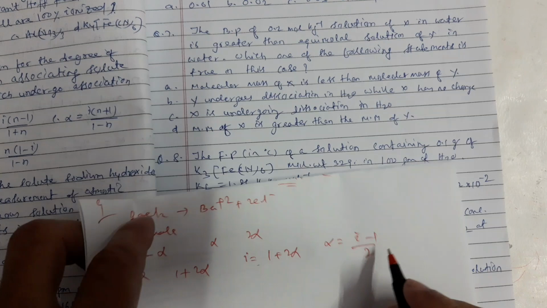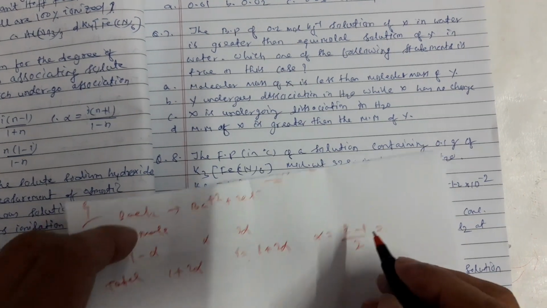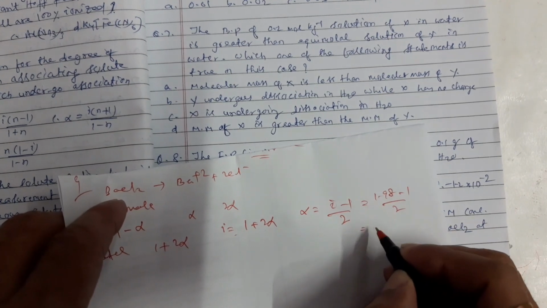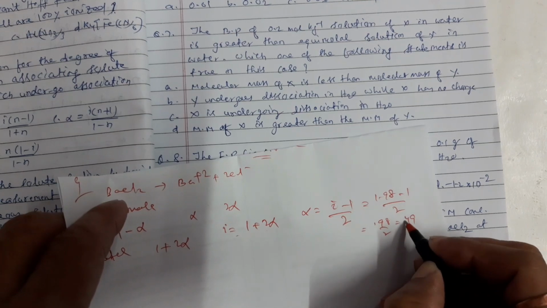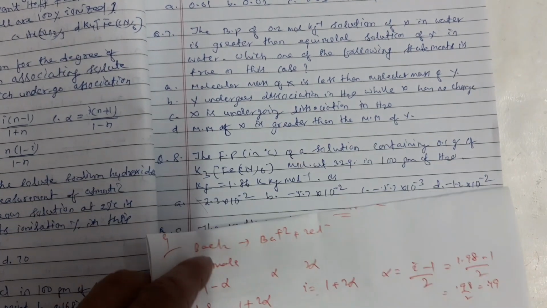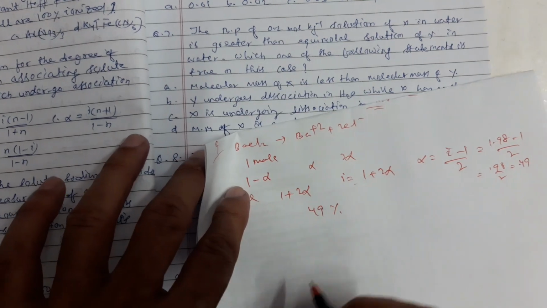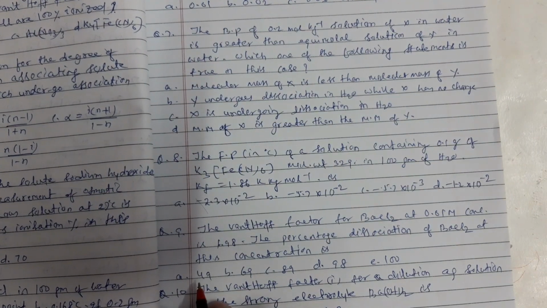I is given as 1.98, so 1.98 minus 1 by 2, that is 0.98 by 2, that is 0.49. So degree of dissociation percentage is 49%. So choice A is the correct answer.